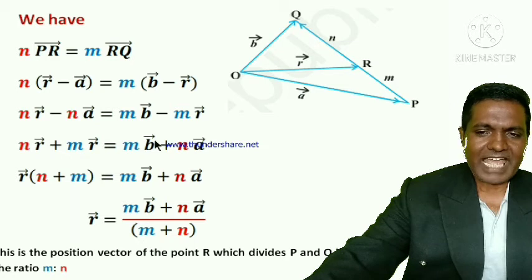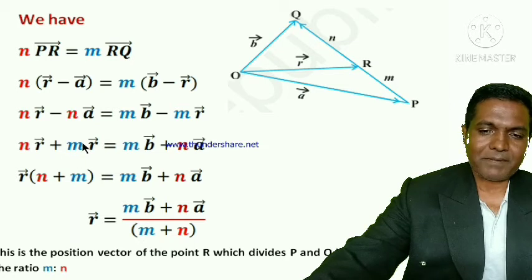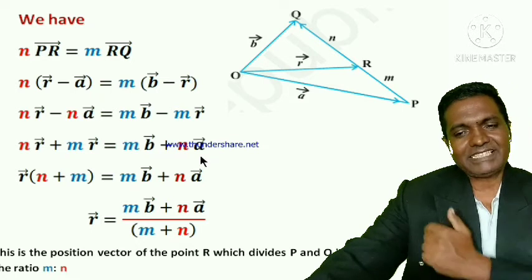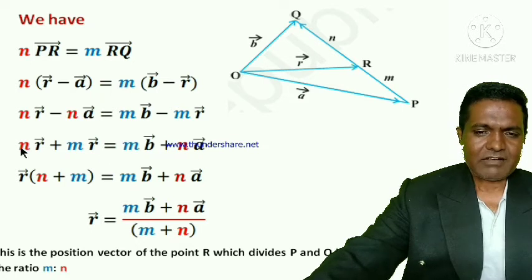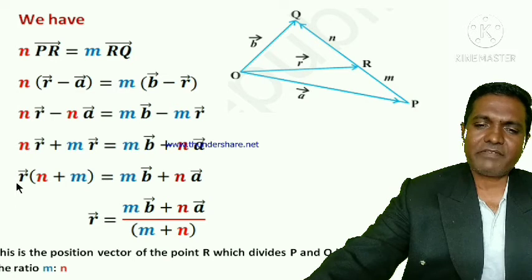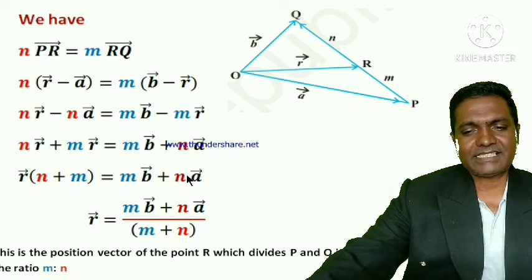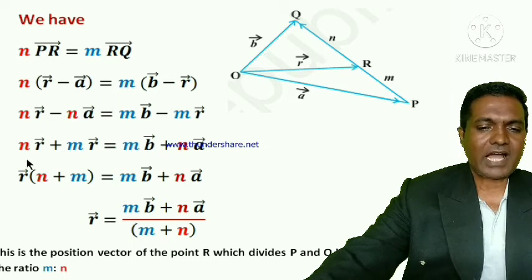Minus m vector R becomes plus m vector R, and minus n vector A becomes plus n vector A. Now from these two take vector R common, so you are left with m plus n times R, and the rest as it is. Now we want R, so divide by m plus n.